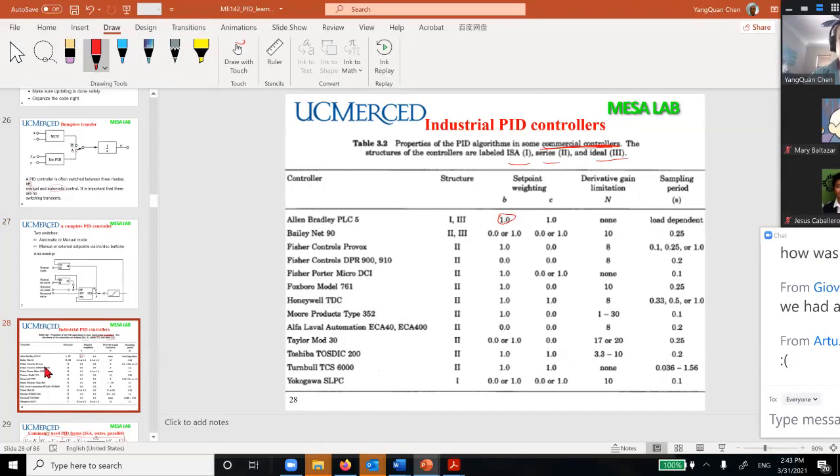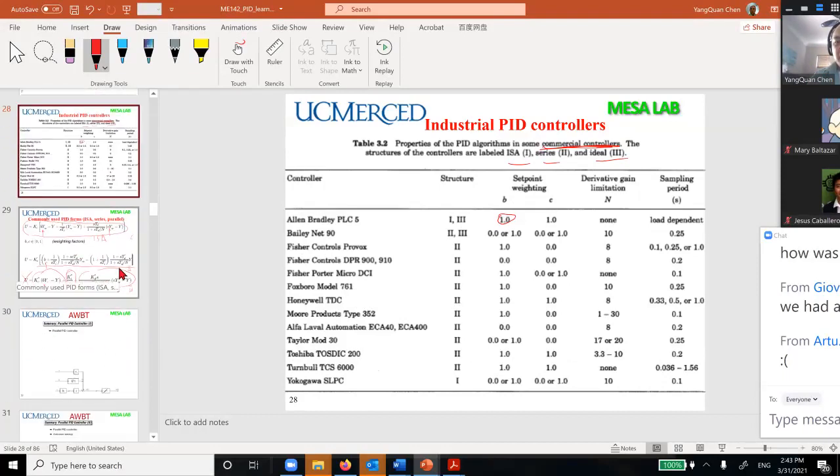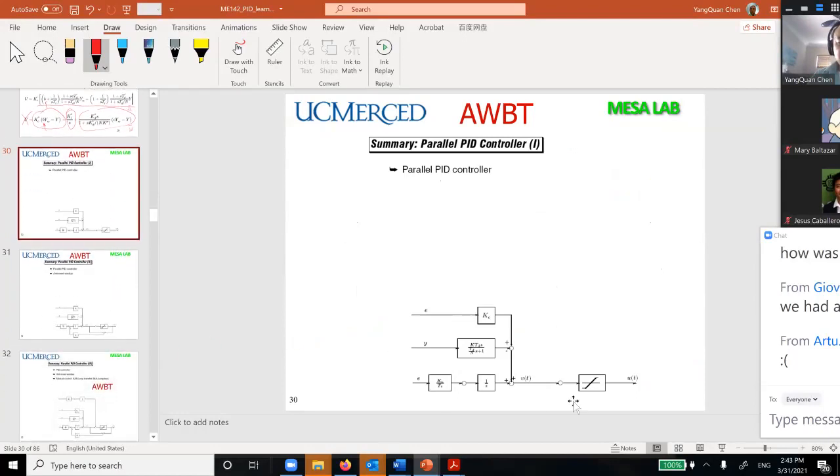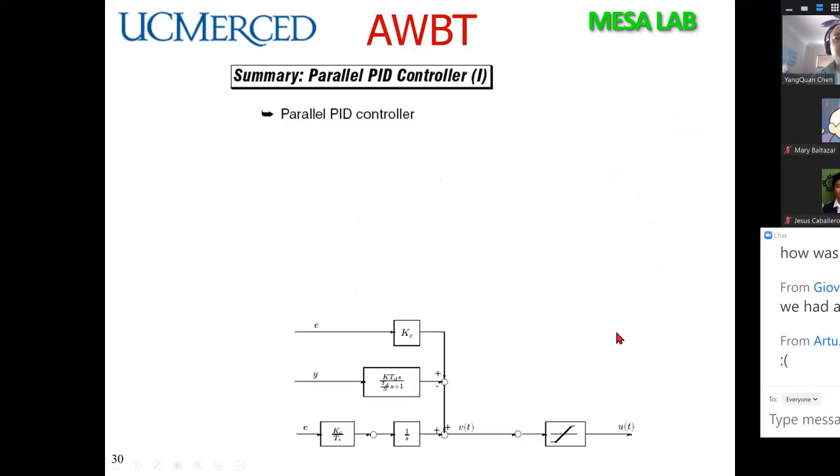Here's a list of different industrial PID controllers. They have different structure formats and different features, okay? We have gone through AWBT. This is a parallel PID implementation, with a differentiator that is a practical differentiator.